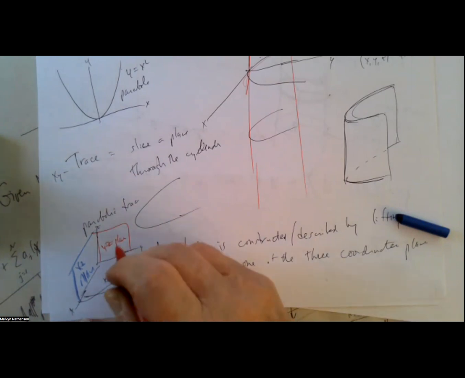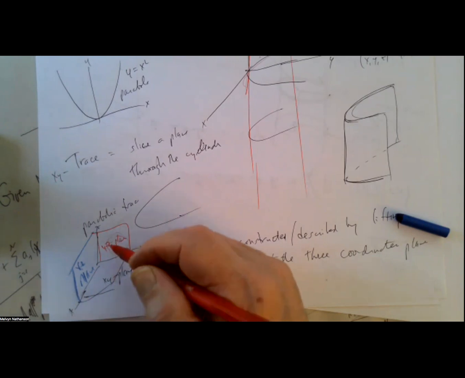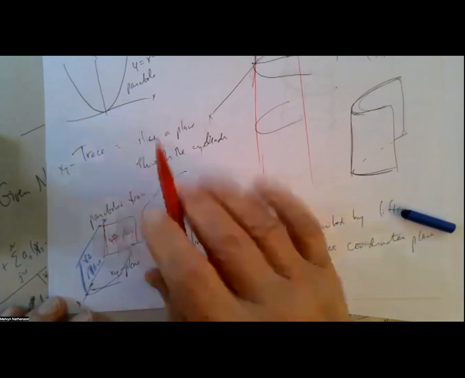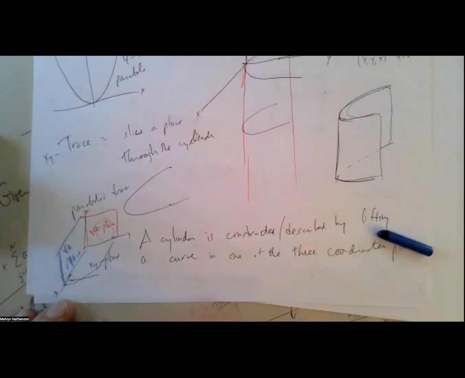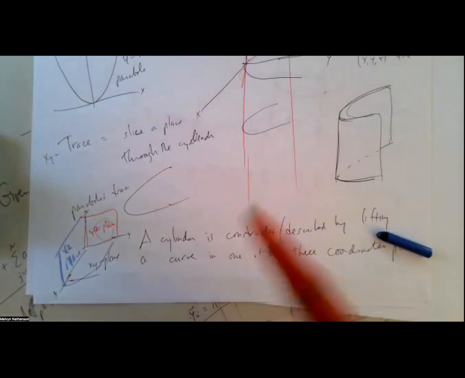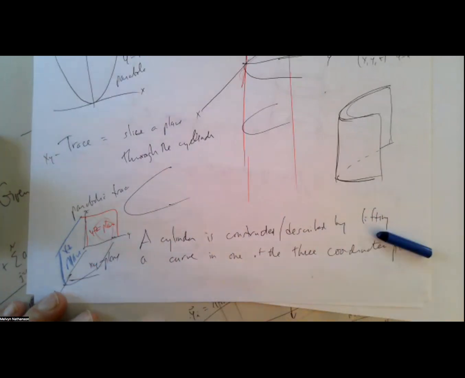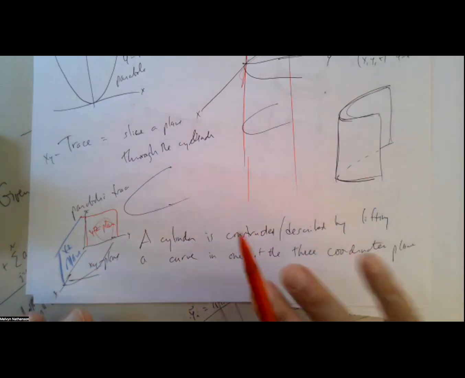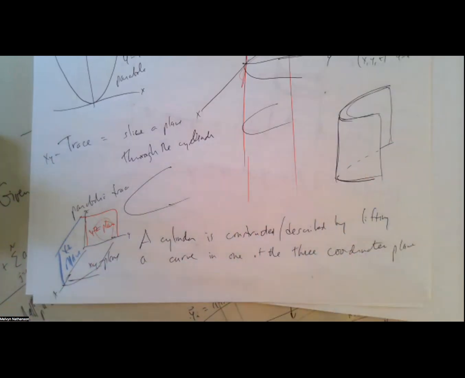You draw some curve in that coordinate plane, and then you just extend it parallel to that plane in all directions. Like if you're in the XY plane, you add a Z coordinate and you let Z run through all possible values, and that traces out a cylinder where the trace, the cut through that surface, is the same as the curve in the XY plane.